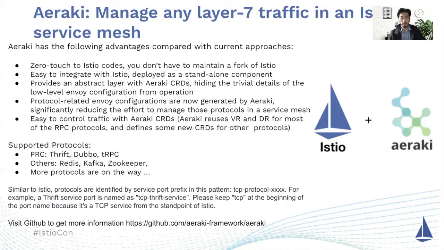It provides an abstraction layer on top of the Envoy configuration. You can create traffic rules with Aeraki CRDs, which hide the trivial details of the low-level Envoy configuration from the operator. Protocol-related Envoy configuration is now generated by Aeraki, significantly reducing the effort to manage the traffic of those protocols in a service mesh.